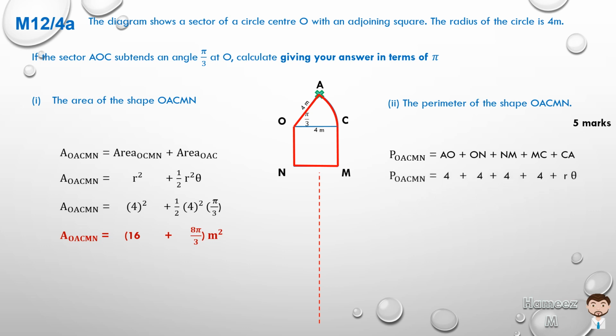So AO is equal to 4, plus ON, which is another 4, plus NM is a 4, and MC is also 4 meters, plus CA, the length of the arc. And the formula for length of arc is R theta. So we can substitute, and that will give us 4 plus 4, we have 4 4s, so that will give us 16 plus R is 4 and theta is pi on 3, so 4 pi on 3. As such, the perimeter is 16 plus 4 pi on 3 meters.